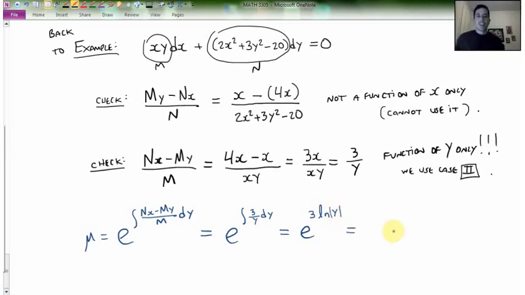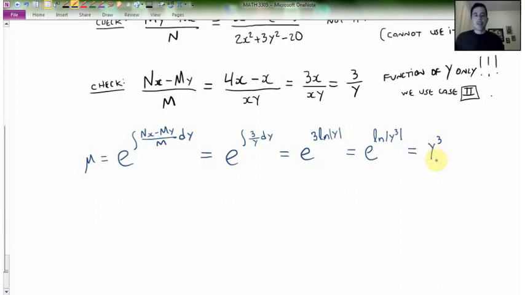Now it looks like we can cancel the e with the ln, but we have to get rid of this 3 first. It's multiplying, so we can move it inside. So we can do e raised to ln of y cubed. Now the e and the natural log cancel, so this is y cubed. That is our integrating factor.